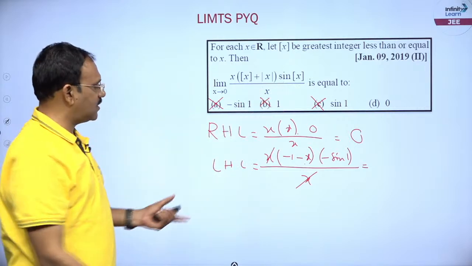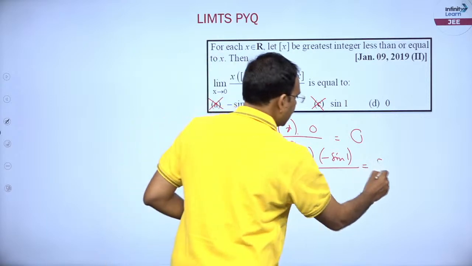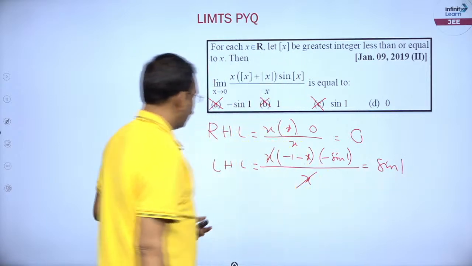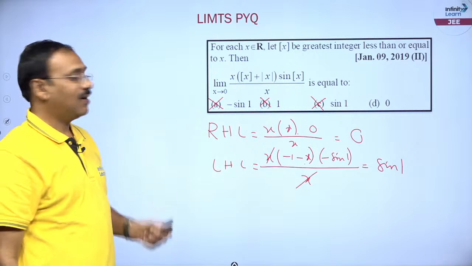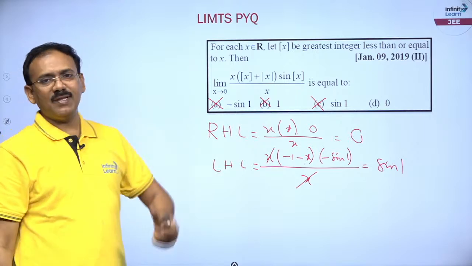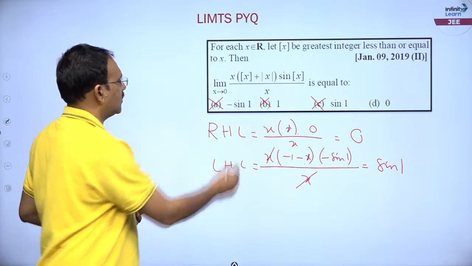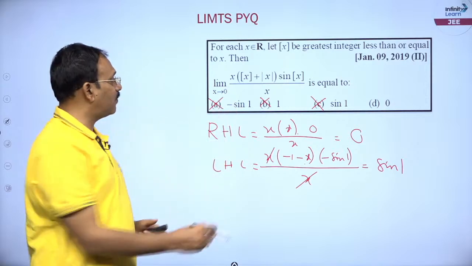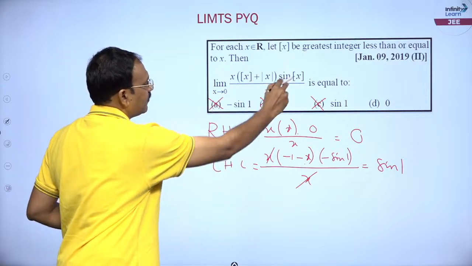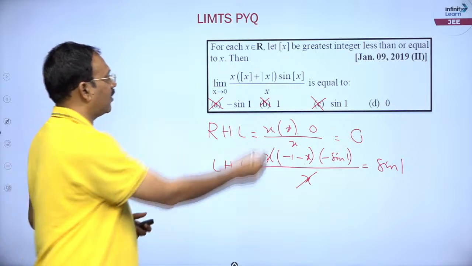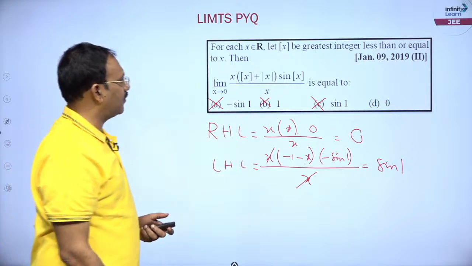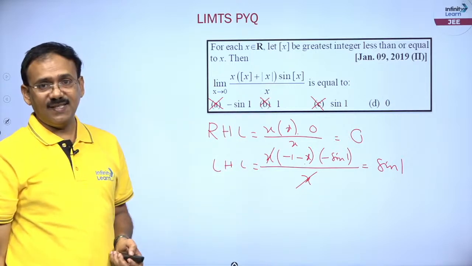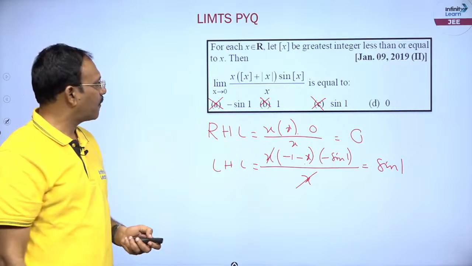If it is like this, the answer should be sine 1. So, left hand limit is sine 1, right hand limit is 0, that will be the answer. He might have asked either 0 minus or 0 plus, or maybe a little variation in this brackets, because x and x are completely outside, you can cancel them, right dear students.